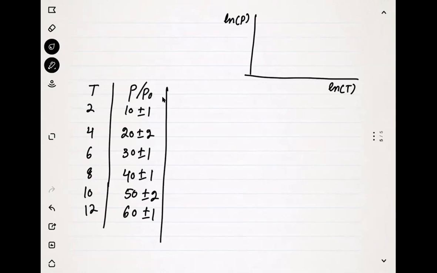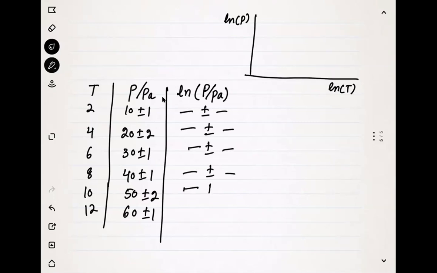P in Pascal, the natural log of P in Pascal would be, you will get values like plus minus dash. So in this way, you will get all the values. In the next slide, we'll discuss the concept of graph, how to plot the points on the graph.